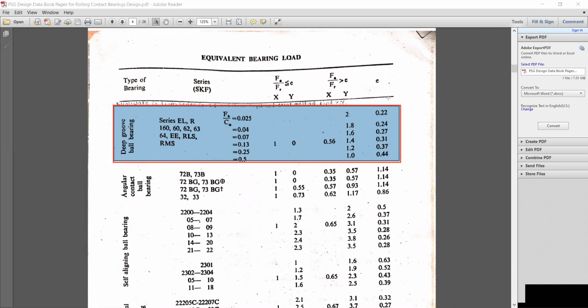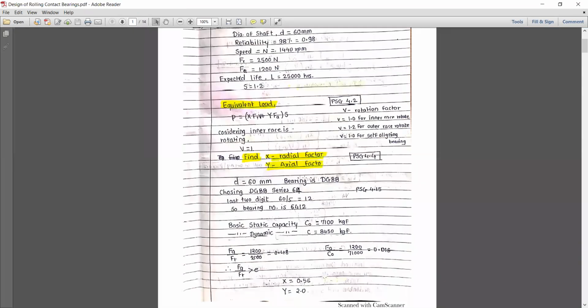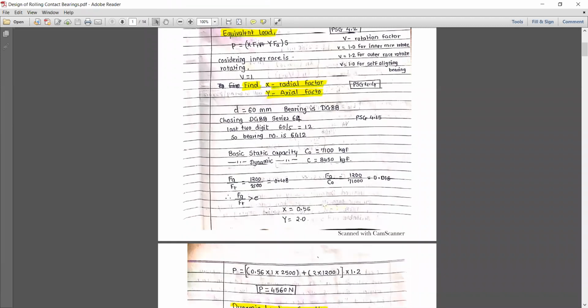That is based on the value of Fa upon C0. So we need to first find the value of Fa upon C0. The value of Fa upon Fr is 0.48 and the value of Fa upon C0 is 0.016. Now go to the PSG.